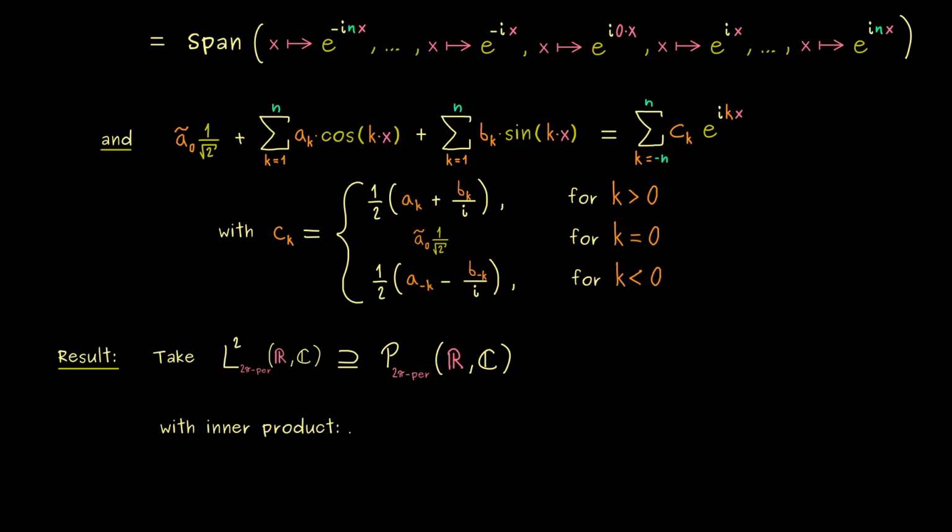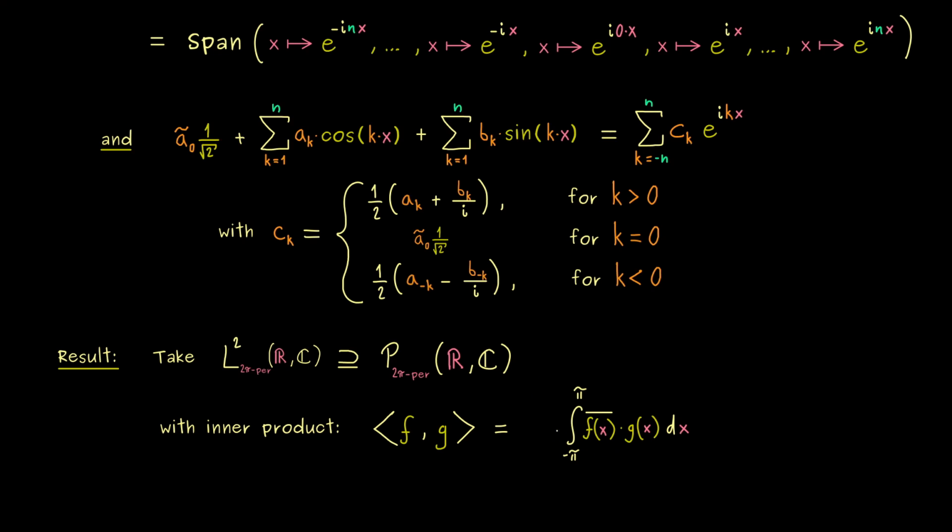And please never forget, the inner product we consider here is given as an integral. So if you take two functions f and g and put them into the inner product, then we have f and g inside the integral as a product. The only thing that is important if you consider complex numbers is to add a complex conjugation for f here.